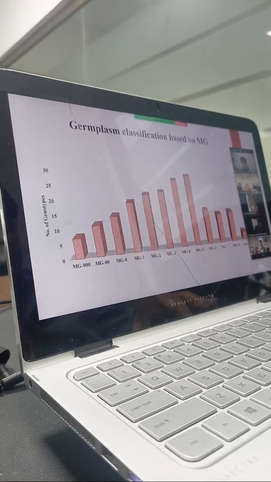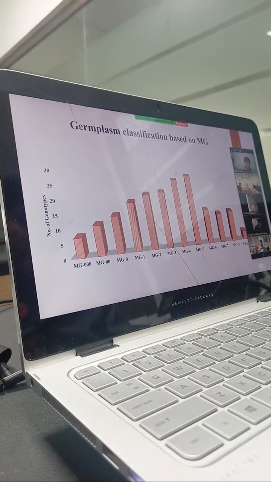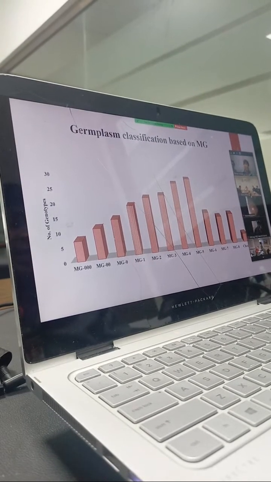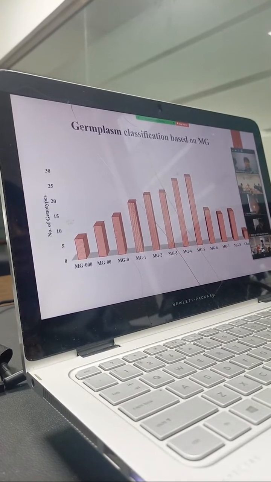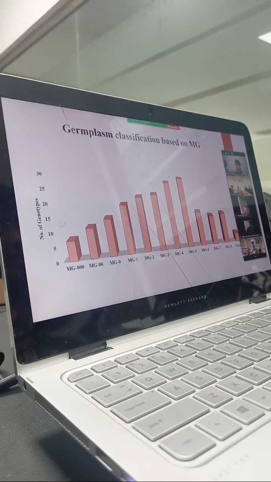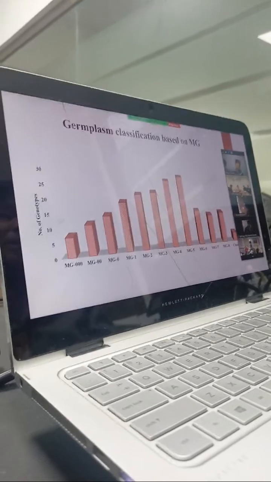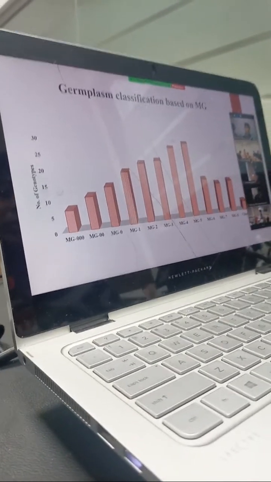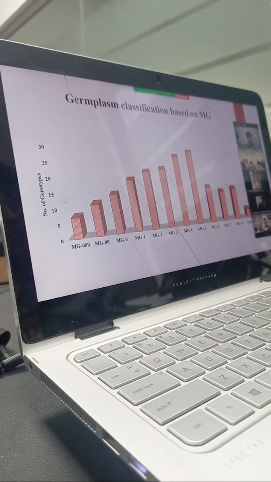As we know, soybean has different maturity groups, so we acquired this germplasm belonging to all the maturity groups. As I mentioned, Pakistan has a highly diverse environment, not only in terms of weather conditions but also due to its geography. So we were supposed to get material from all maturity groups.